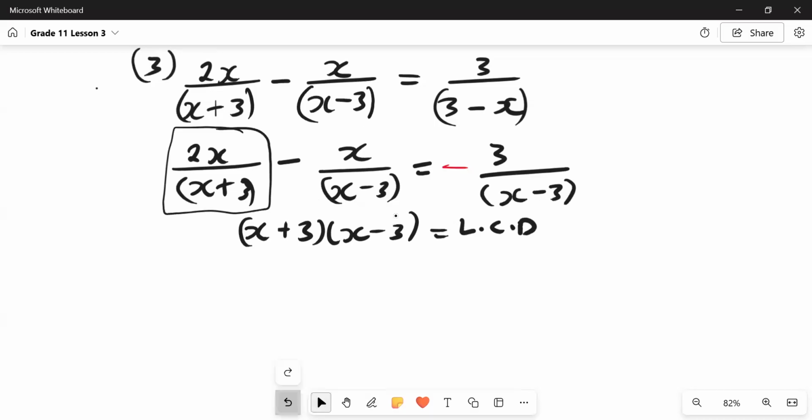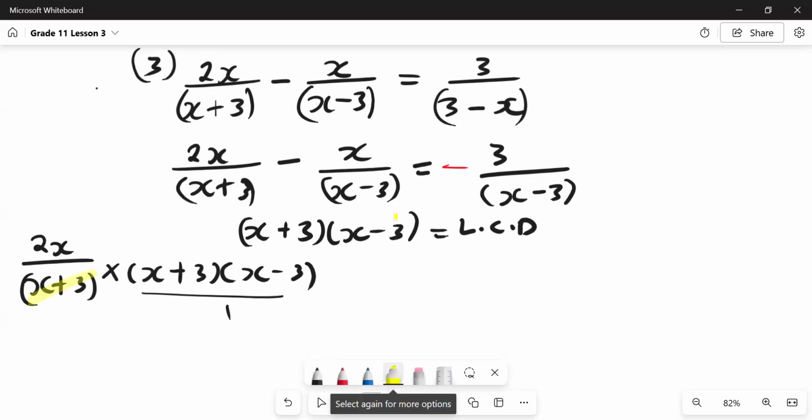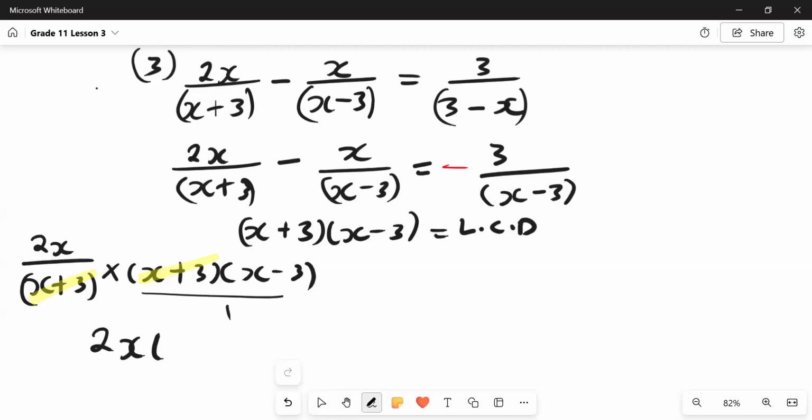So you'll have your 2x over x plus 3 times x plus 3 and x minus 3 divided by 1. Now cancel. X plus 3 and x plus 3, they cancel. You're left with 2x multiplied by x minus 3.